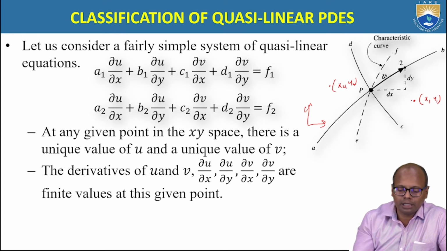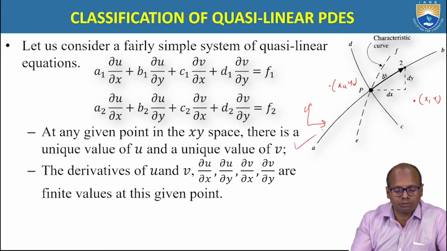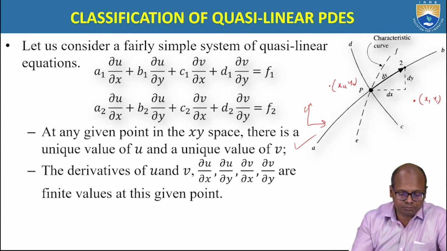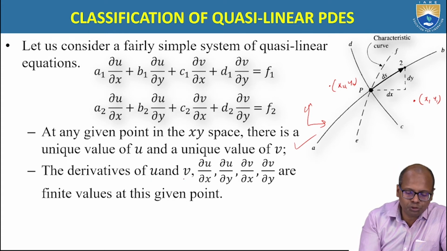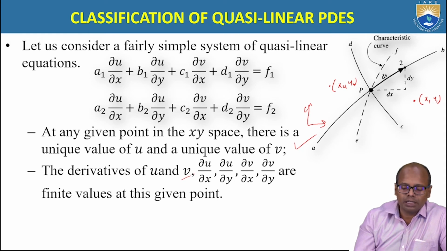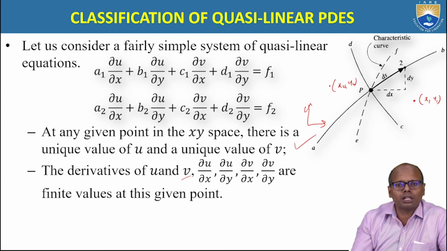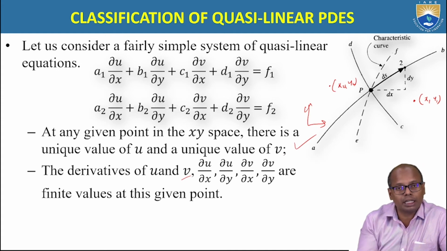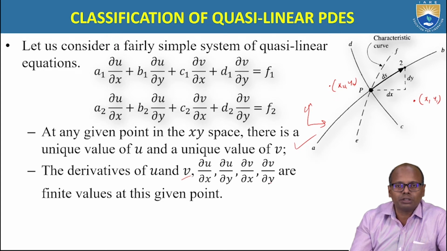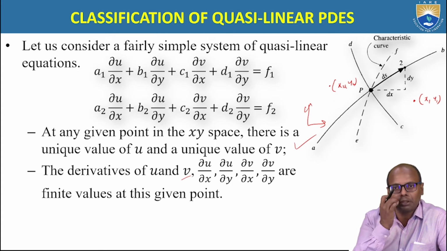That is the next consideration we are taking. Not only that, the derivatives of u and v are also finite values at that given point. What are the derivatives of u and v? They are dou u by dou x, dou u by dou y, dou v by dou x and dou v by dou y. All these derivatives of u and v are finite values at that particular point.